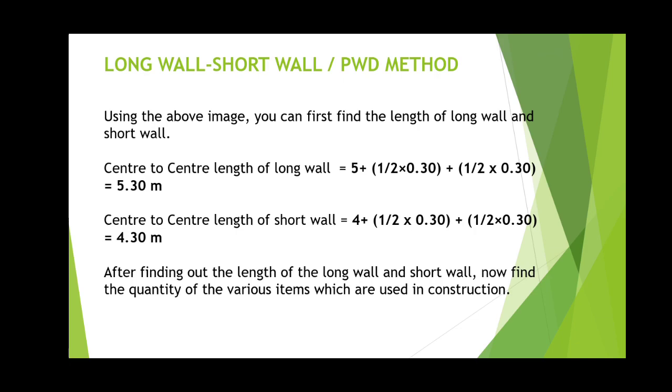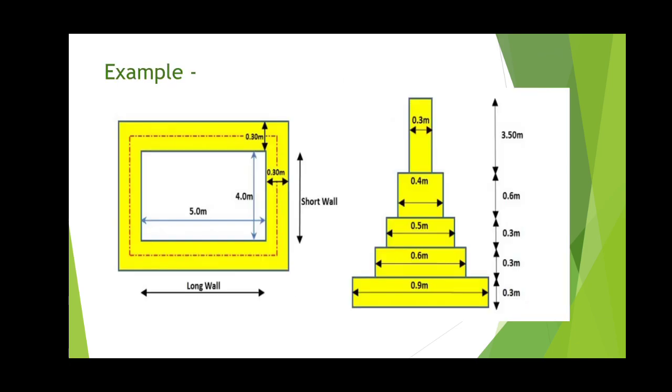Now, by this method, the center to center length for long wall can be calculated by the formula: the center to center length plus half width of item from both the sides. From the figure, the center to center length is the in-to-in dimension plus half width of item from one side and half width of item from the other side.